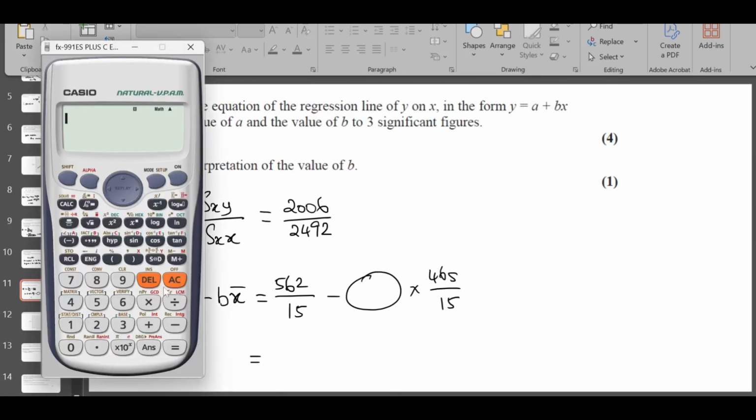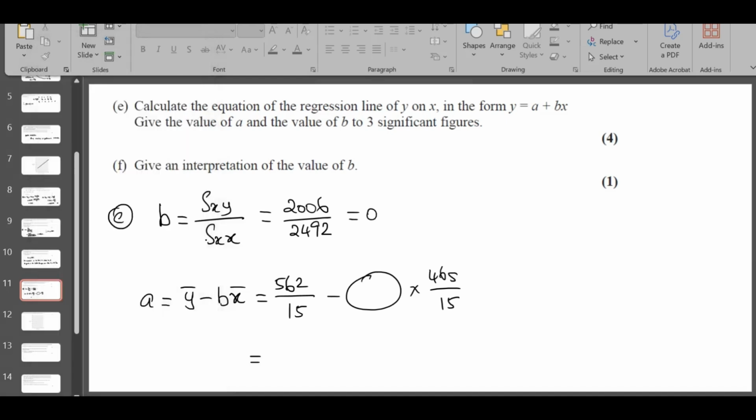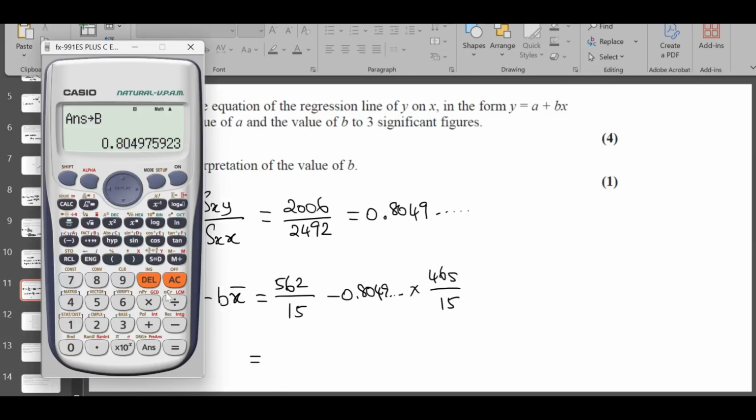So let's calculate the value of B first. 2006 over 2492. I'm going to store this value as P. 0.8049... So we put 0.8049... here.